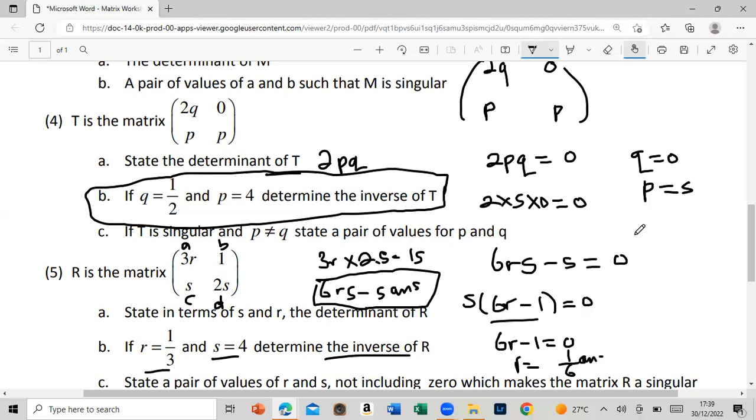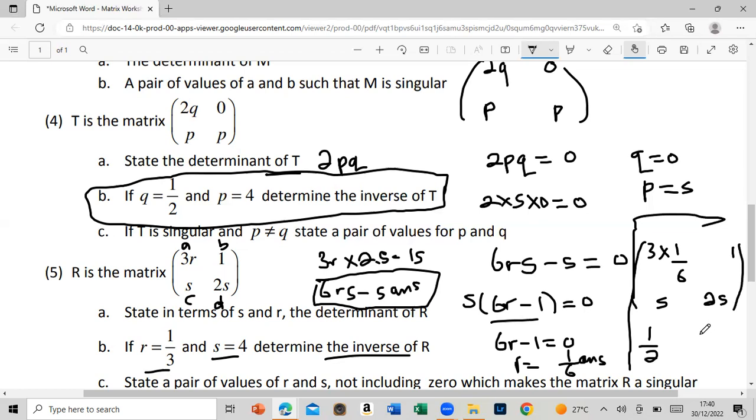So we need to find out when R is 1 over 6, what the value of S should be. So that's 3 times 1 over 6. We're using these values now, the original values. We don't know what S is, but this is our 2S. This is a bit confusing. So this works out to a half, 3 into that, a half.